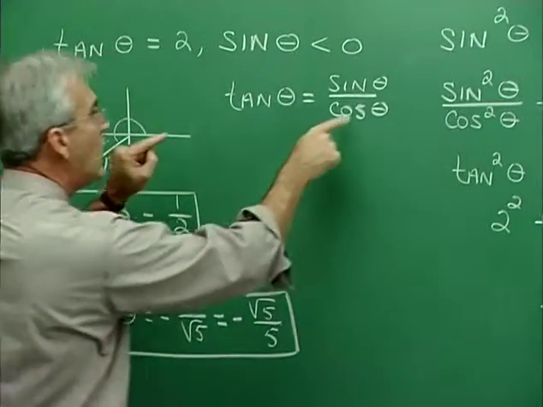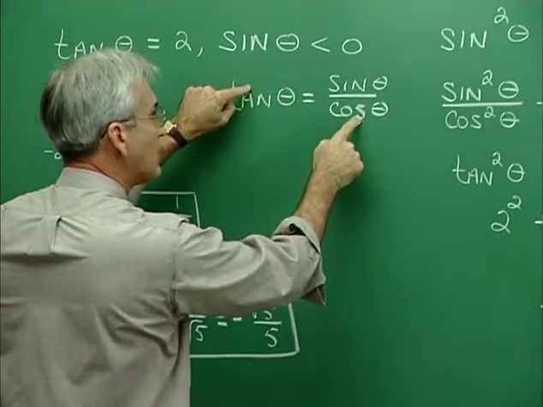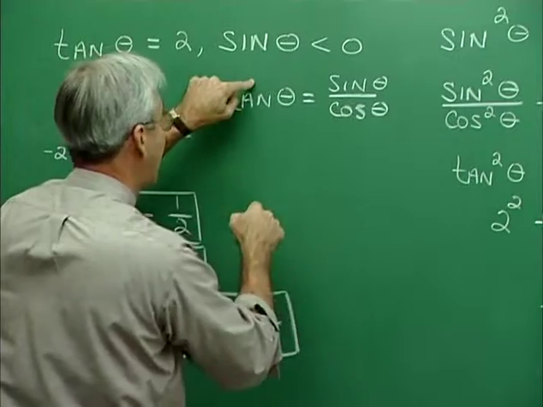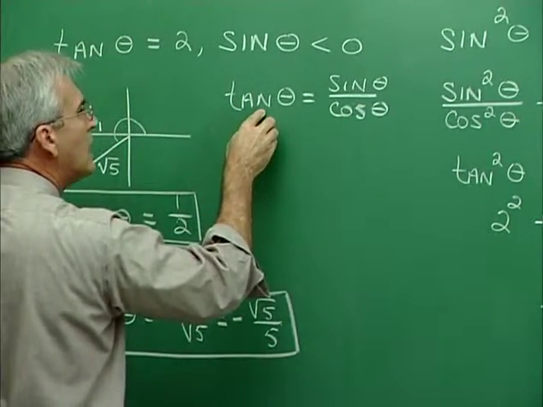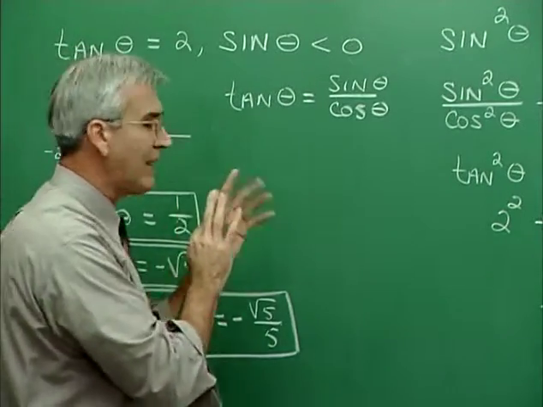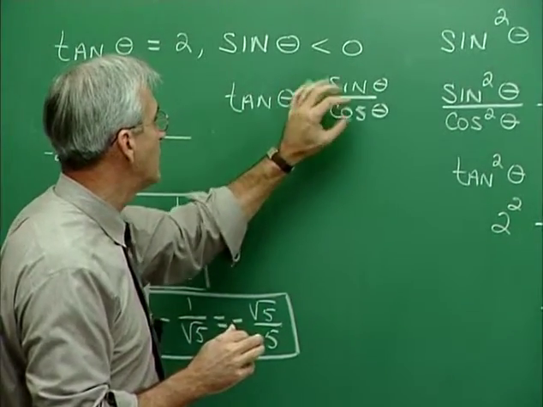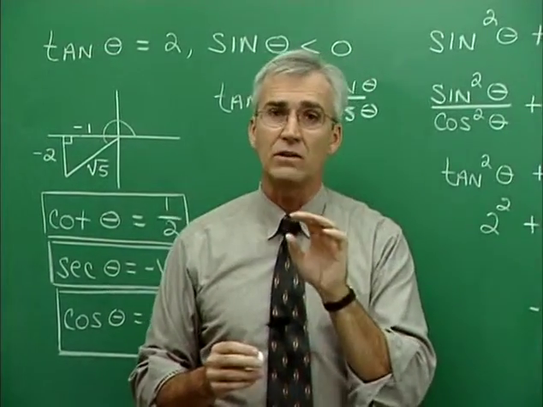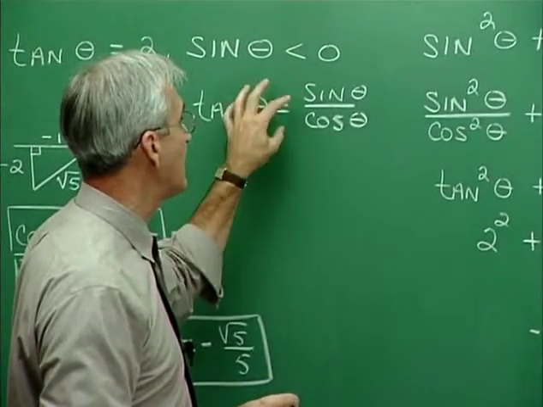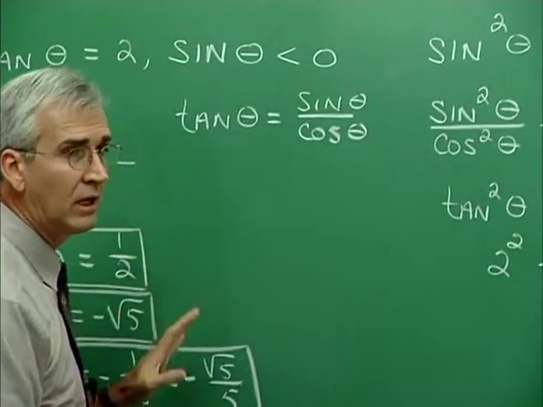And you see, I know the value of cosine and tangent. I just figured those, I had this given and I just figured this one out. So I've got, let's see, tangent theta is 2. Now, I have a choice here. I can plug in to this relationship and then solve for sine theta, or I can solve this for sine theta outright and then plug in.